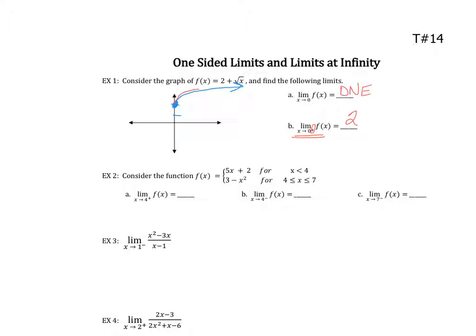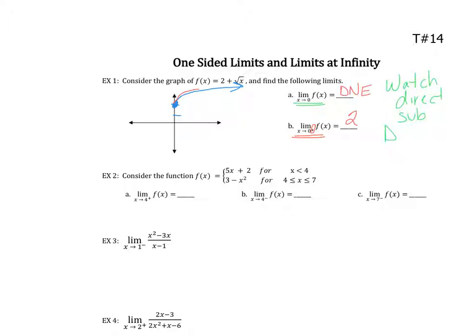What I want you to be careful of, and sometimes what people miss if you're not thinking, is if you're asked for the limit as x goes to 0 and you do direct sub, you'd go, oh, the square root part equals 0, so the limit would equal 2. But the point I wanted to make is you do have to watch direct sub when the domain is not all reals.